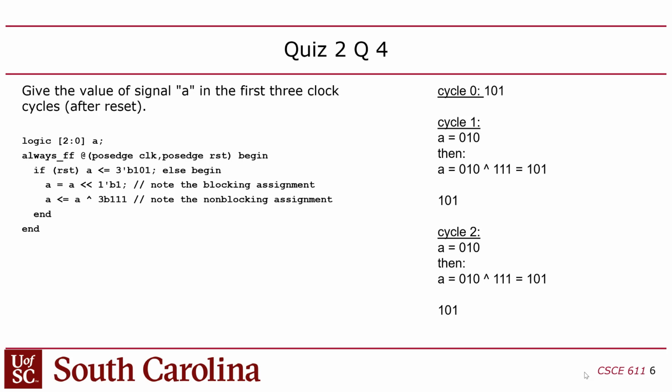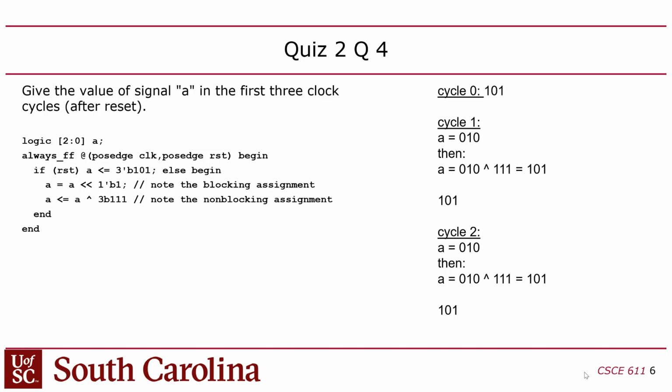What that means is that the second statement is going to see the new value of the first statement immediately. It's kind of like taking the sub-expression A shift left by 1 bit and substituting it into the A of the next line. That's essentially what's happening there.